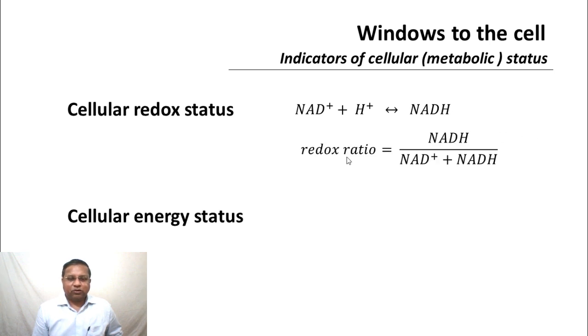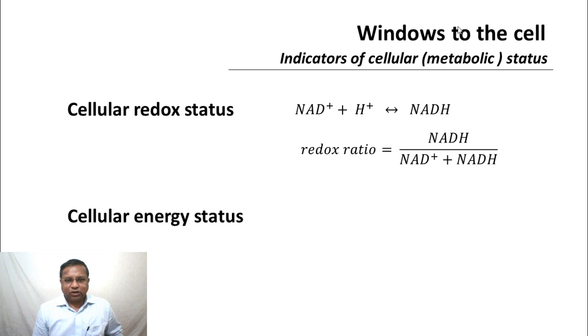So, the redox ratio, one of the ways of looking at it at least, is the ratio of NADH concentration to the total concentration of NAD plus and NADH. We have already seen that NADH fluorescence can be used to monitor the cell concentration, because the intensity of NADH fluorescence can be directly linked to cell concentration.